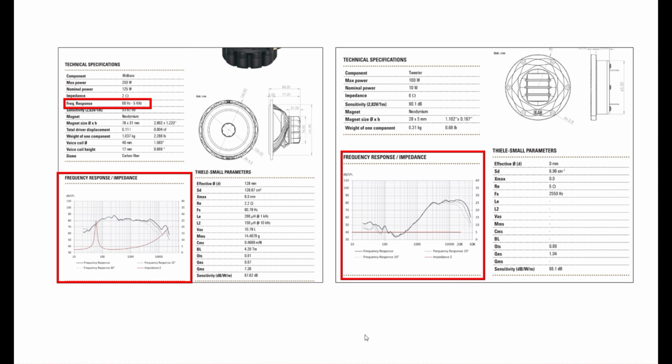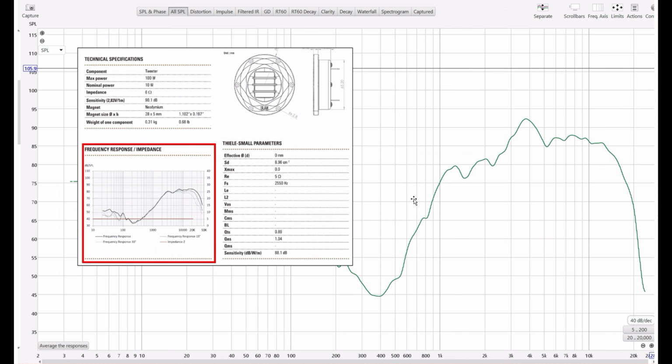And so real life, and how the speaker will play in your car, depending on where and how you've installed it, whether it's in free air or in a box, or how much breathing space there is behind it, and all of that type of stuff, it may look different. So here is a real life example. Here is the technical data sheet, here is the plot, and here is the actual measurement of the tweeter in my particular location.